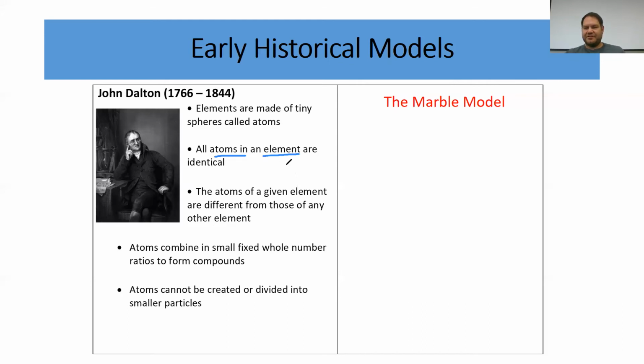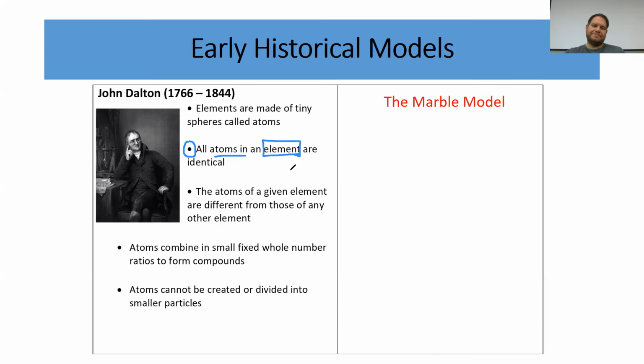Now, we do know that this statement is not actually true. What we mean by this is that, due to isotopes, an element is composed of different isotopes, meaning that they have the same proton number but a different number of neutrons.